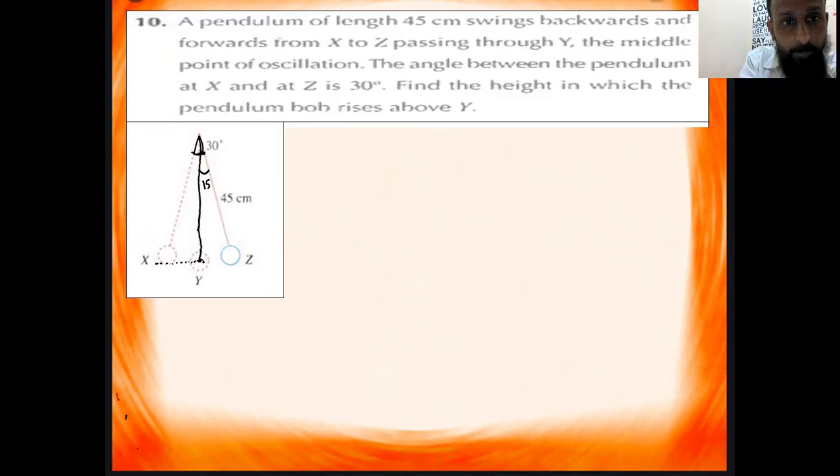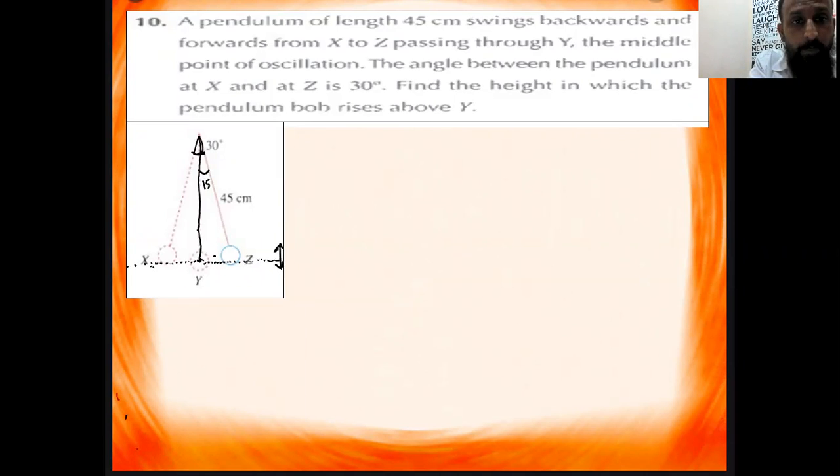This is the center point, or I can say the horizontal line, the grounded line. Now the bob, you can see it, it is at a certain height over here. Can you see this height?